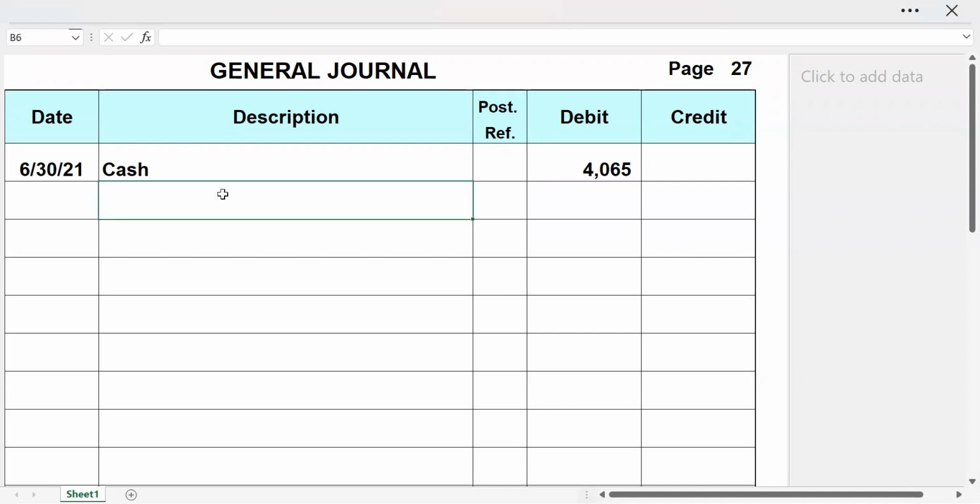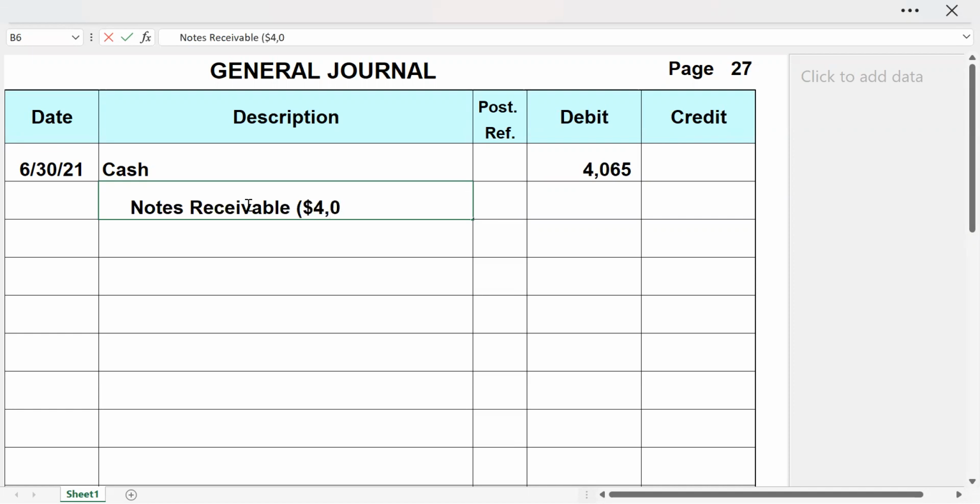Now, what were the things we listed under the additions to our cash that were included in the $4,065? Well, the first thing we had was a note collected by the bank. So we're going to credit notes receivable for the amount collected minus the interest earned.